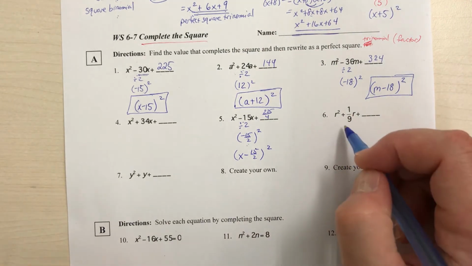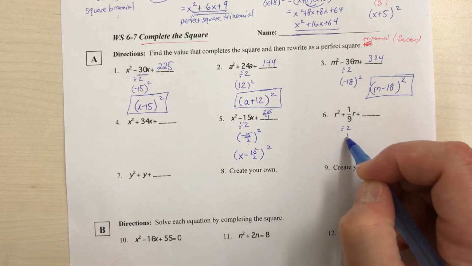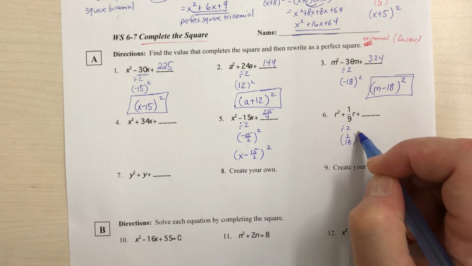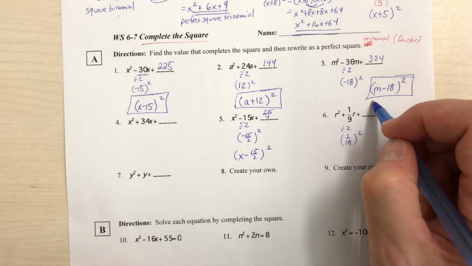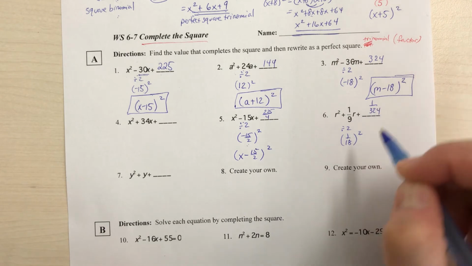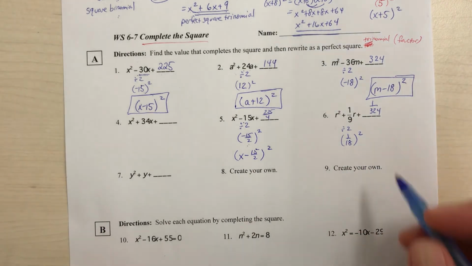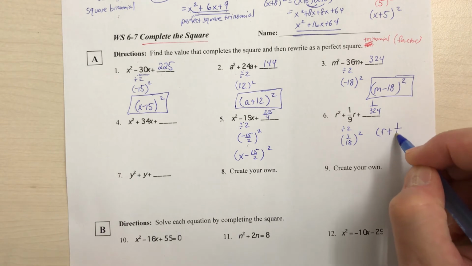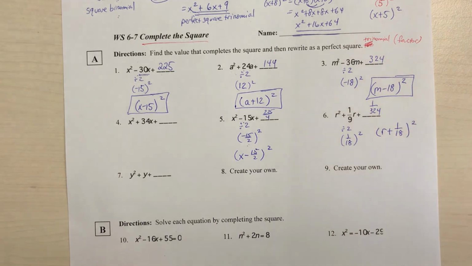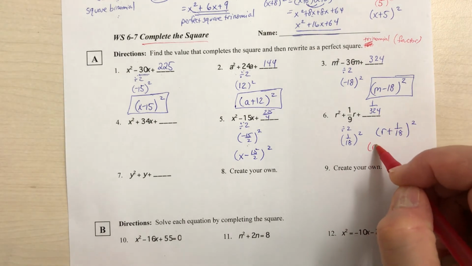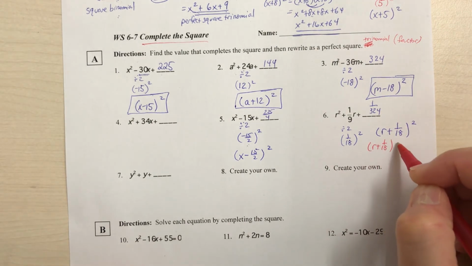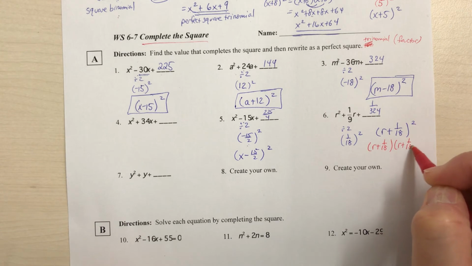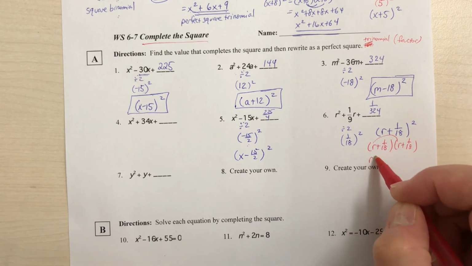Even if I have a fraction here, if I divide that by 2, that's 1 over 18. When I square that, that's 1 over 324. 18 squared is 324. And we get r plus 1/18 squared. And just to show you, if you doubt that, we can always work it out. We would get r squared.